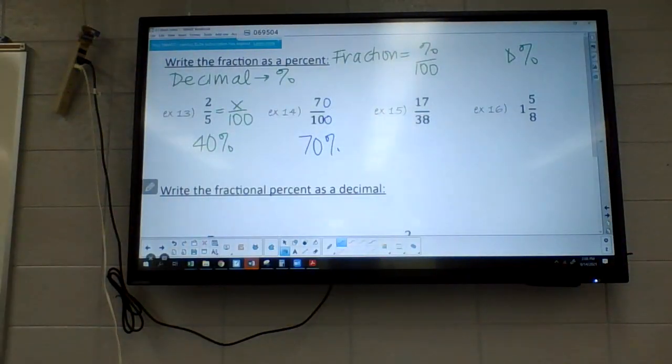Then 17 over 38. Again, you could change it to a decimal first.